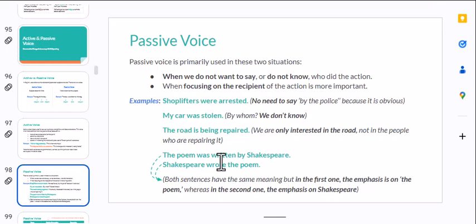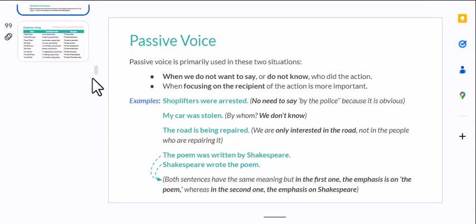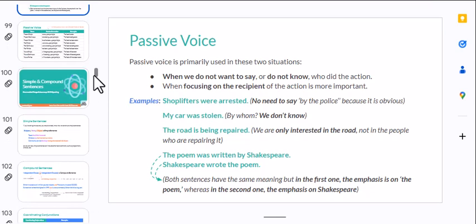Do whatever you want, but in general, we use the active voice all the time. So I hope that the difference between the active voice and the passive voice is very clear for you guys.